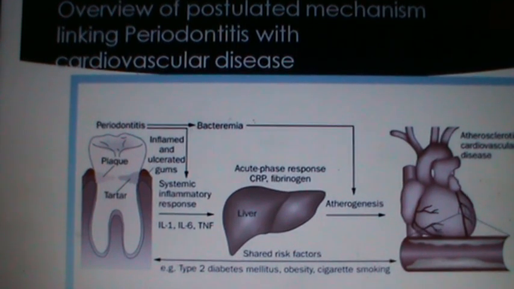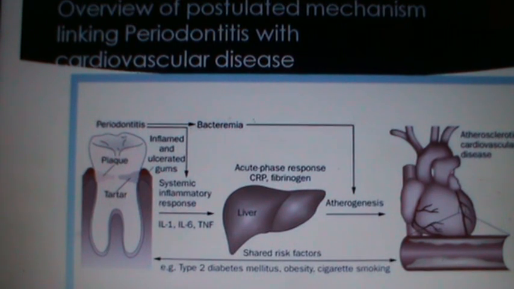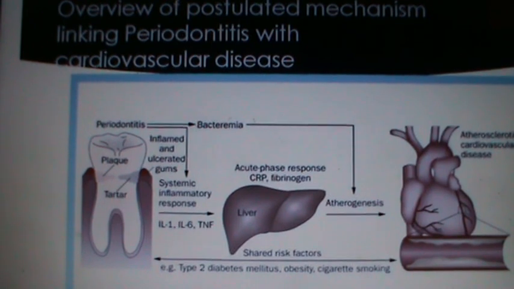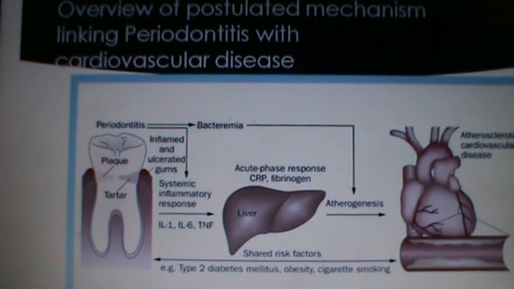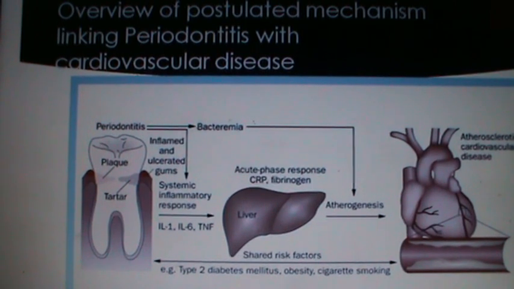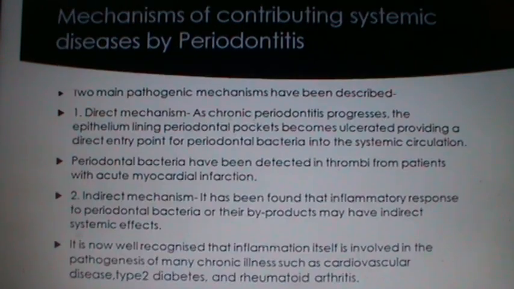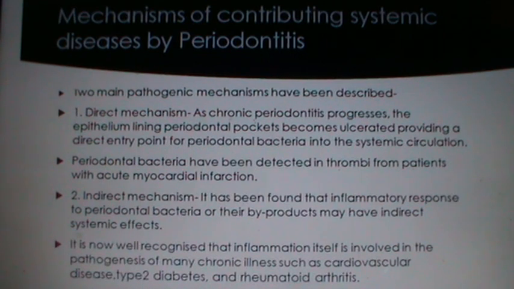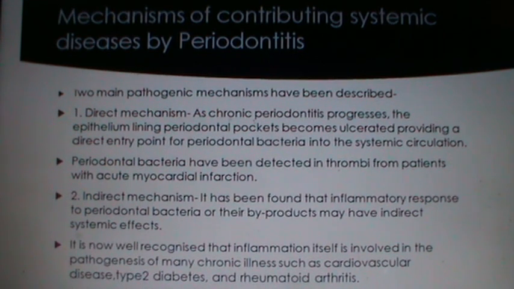In the second one, bacteremia develops, which may result in atherogenesis, and this may result in atherosclerotic cardiovascular disease. So these are the two mechanisms by which bacteria can result in cardiovascular disease: one is the direct one and the second is the indirect mechanism.